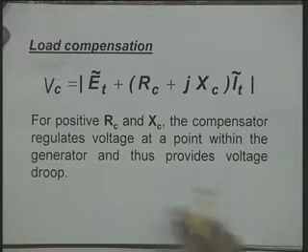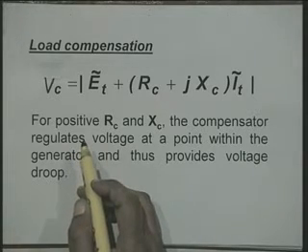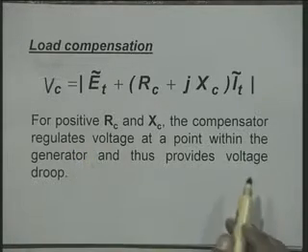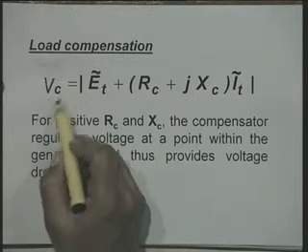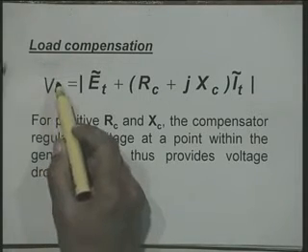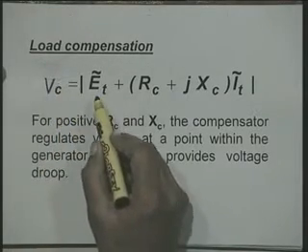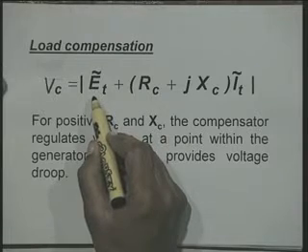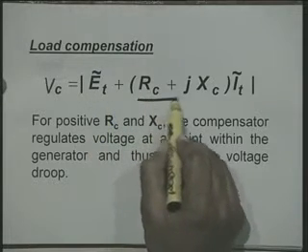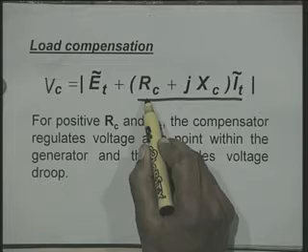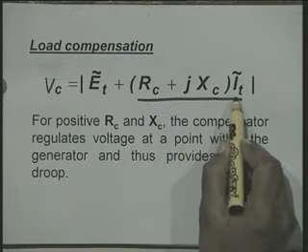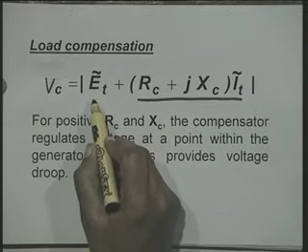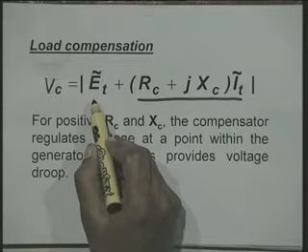The next component is the load compensation. Here we derive a voltage Vc, which is obtained by adding a voltage drop Rc plus j times Xc into It to the terminal voltage, that is, to the terminal voltage of the synchronous generator.